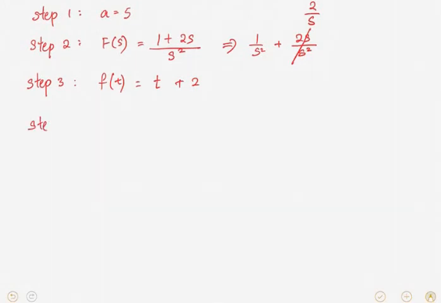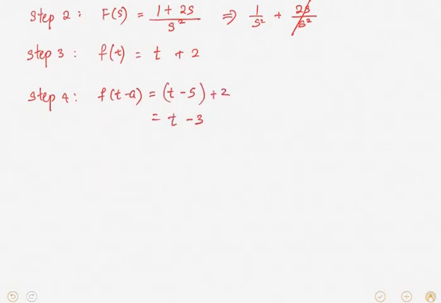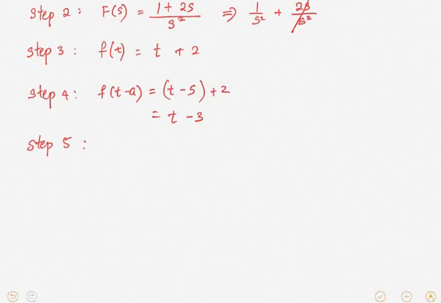Then step number 4, change the t to t minus a. So you have f(t minus a) equal to, this one is t minus 5 plus 2, so t minus 3. And then step number 5, find the inverse Laplace transform. The inverse Laplace transform is f(t minus a) times u(t minus a).